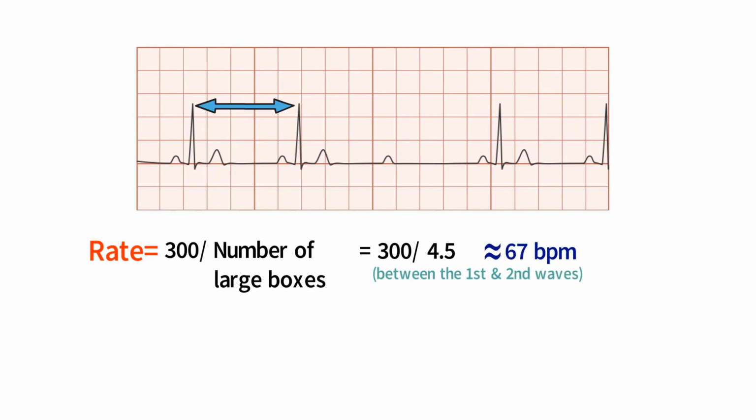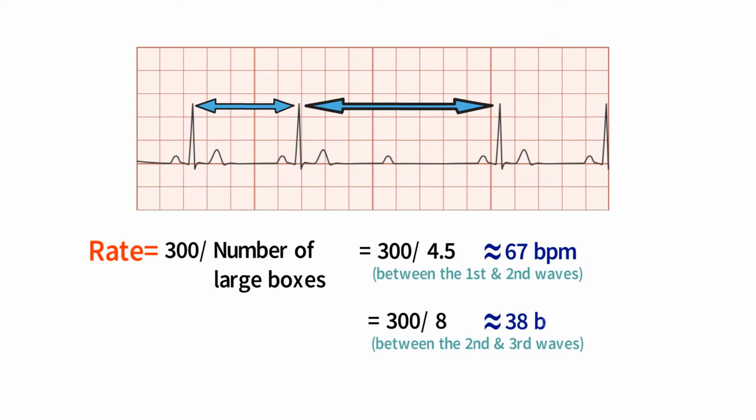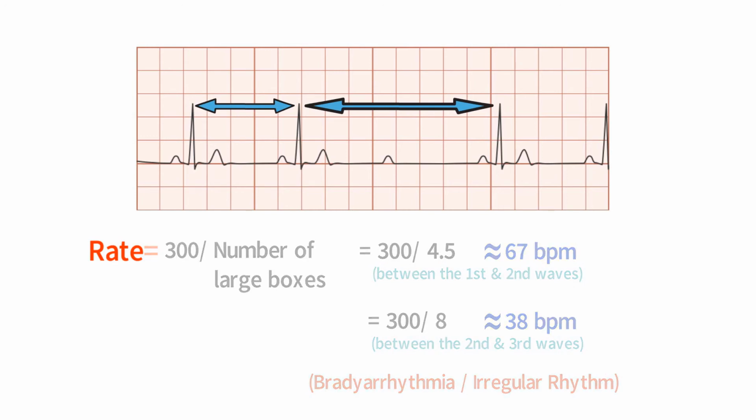But check the rate between the second and the third wave. 1, 2, 3, 4, 5, 6, 7, 8. Oh my god. 300 by 8, which is below 40 beats per minute. So this means two things. This patient may be having a bradyarrhythmia, and the other thing is that the rhythm is not regular.